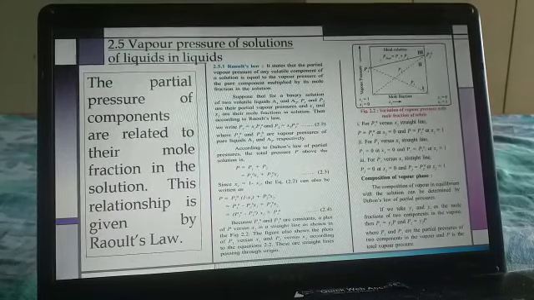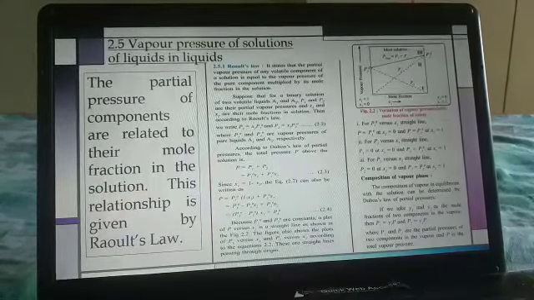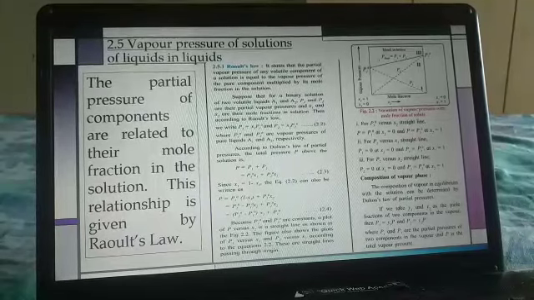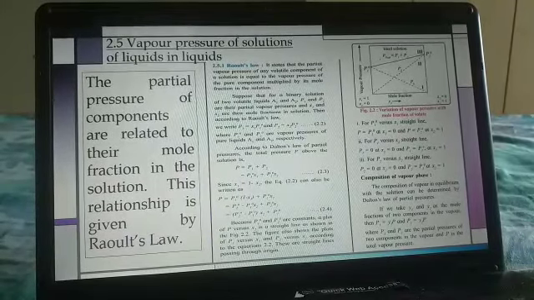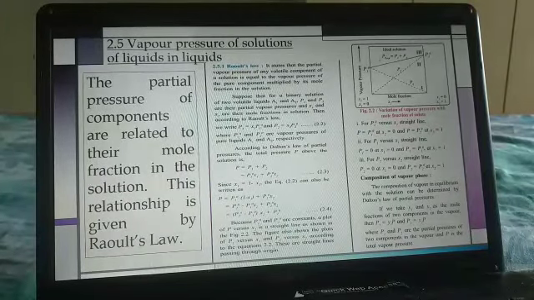So Raoult's law is very important because it gives the partial pressures of the components and their relation to the mole fraction. The composition of the vapor in equilibrium with the solution can be determined by Dalton's law of partial pressure.